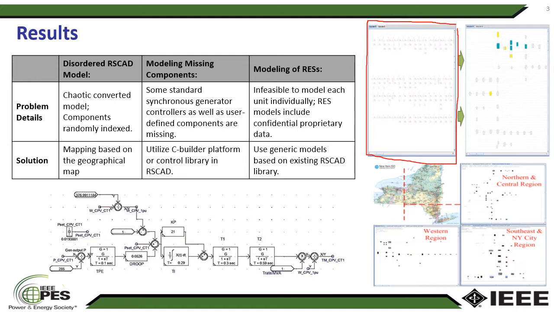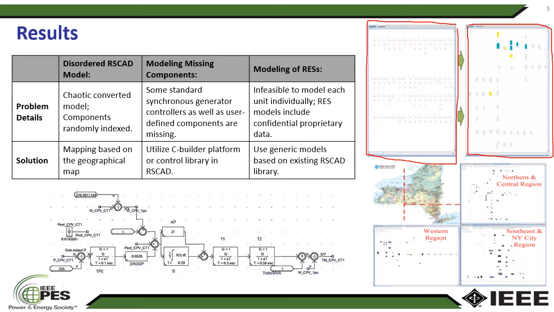As you can see here, the New York State grid is split into 3 subsystems based on the geographical boundaries. And then for each subsystem, each component is mapped based on its geographical location. The end result from this organization and mapping is seen here in that figure, which is a much clearer, better illustrative and visualizable model.